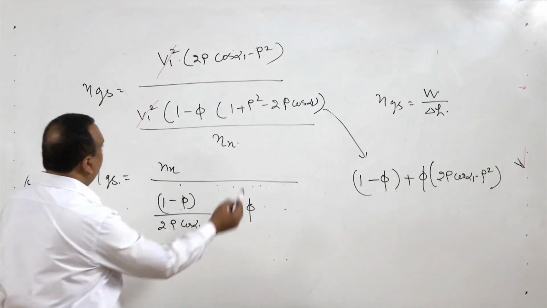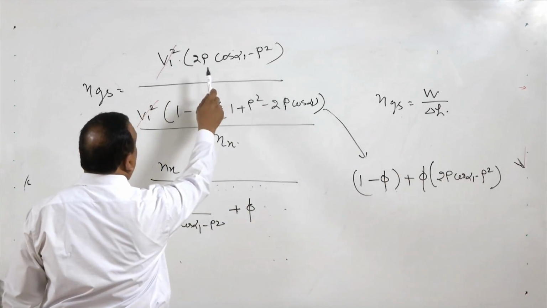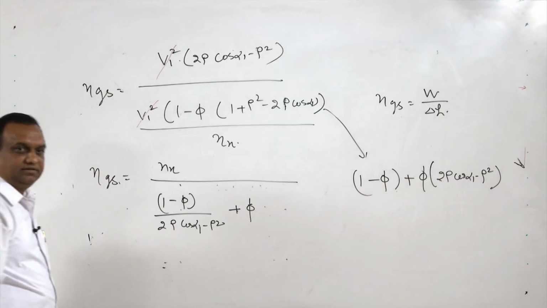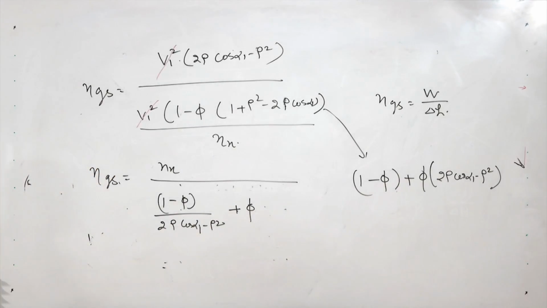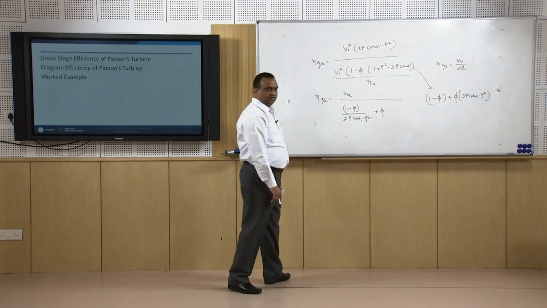When we divide numerator and denominator by 2 rho cos alpha 1 minus rho square, we get this expression. So this is the final expression for Gauss stage efficiency.